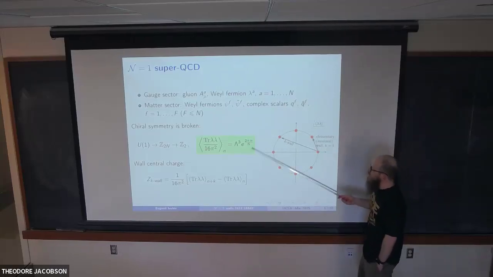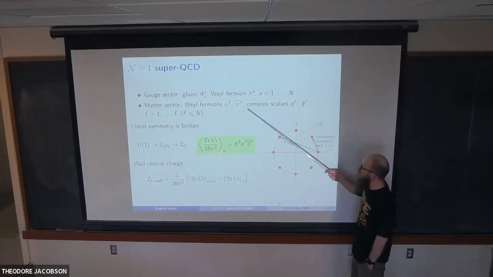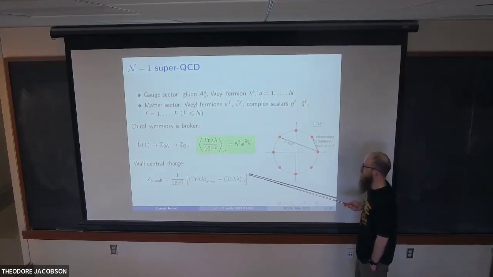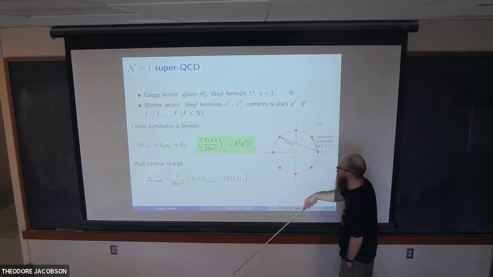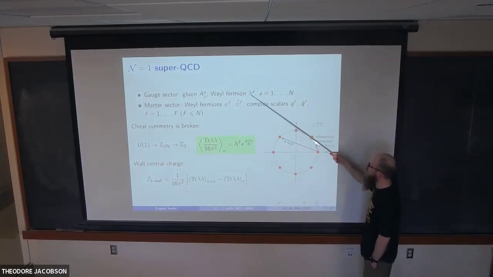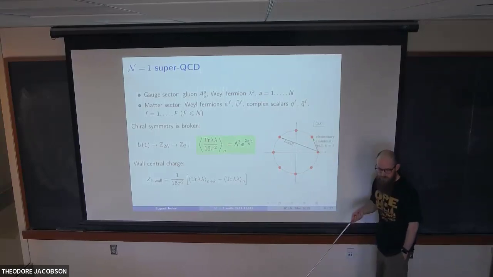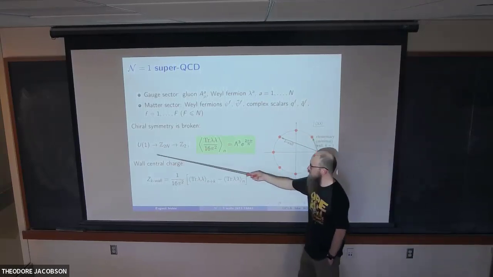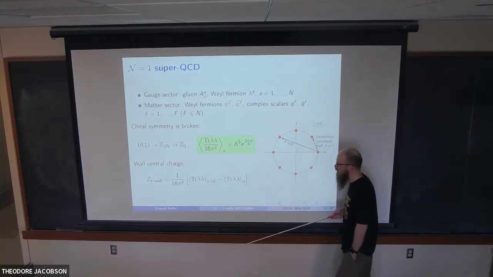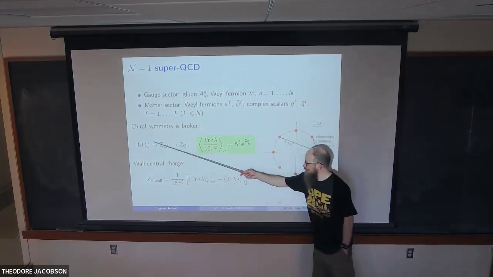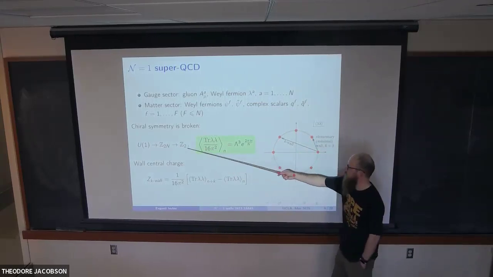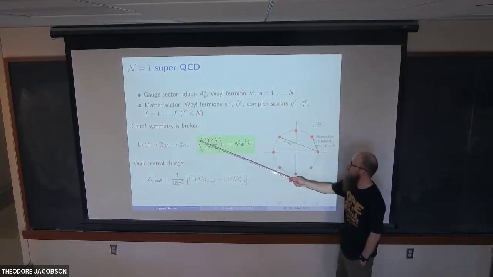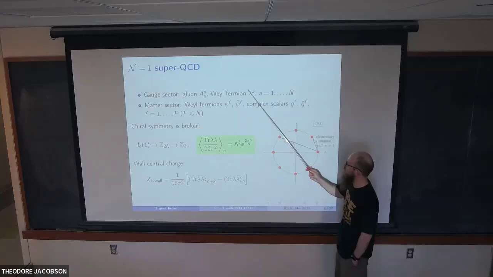Okay, so these two Weyl fermions enter in a vector-like fashion with respect to the symmetry of the Lagrangian, but the measure is chiral. So they contribute to the usual anomaly. So the U(1) chiral symmetry is broken to Z_2N, which is, so this is breaking due to the anomaly, but it's further broken down spontaneously by the gluino condensation.